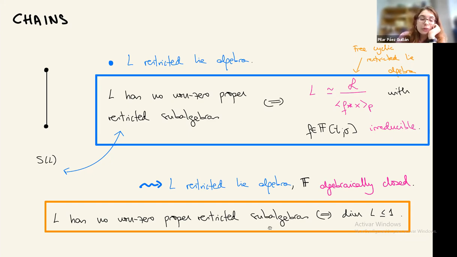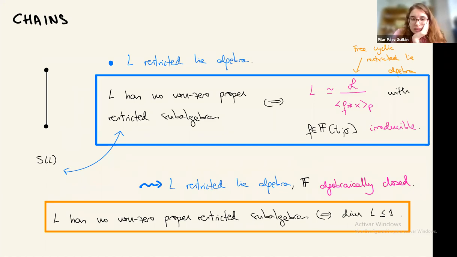And this allows us to recover, in a way, the fundamental theorem of algebra for skew polynomials. I mean that a skew polynomial over an algebraically closed field will be reducible if and only if it's linear. This can be obtained by direct calculations, but this is a fancy way of proving it also by means of restricted Lie algebras.